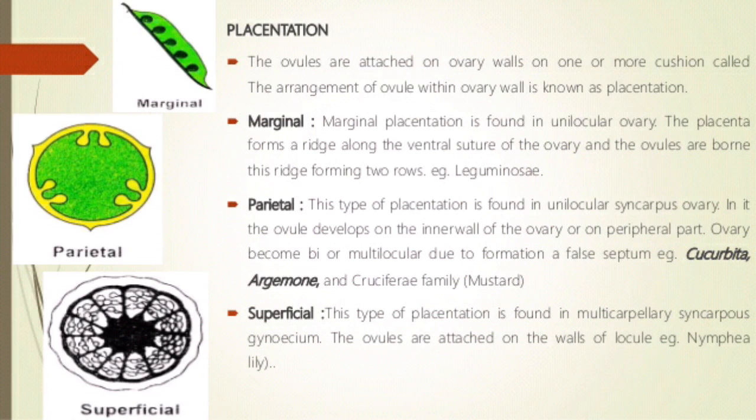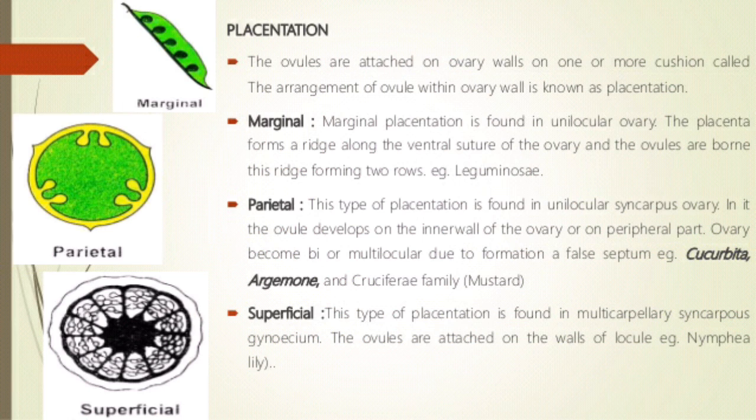Parietal. This type of placentation is found in unilocular syncarpous ovary. In it, the ovule develops on the inner wall of the ovary or on the peripheral part. Ovary becomes bi or multilocular due to the formation of false septum, as in the case of Cucurbita. Cucurbita is the family of pumpkin, cucumber.